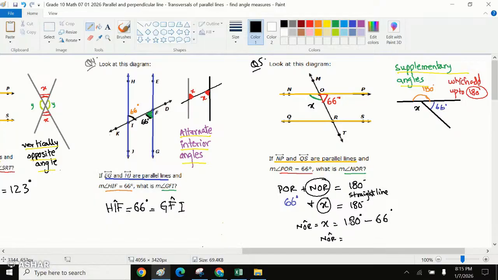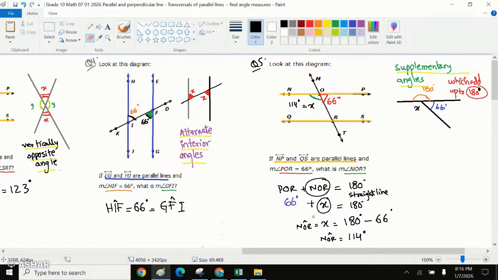The easiest way is 180 minus 60 is 120, and 120 minus 6 is 114. So this angle comes out to be 114 degrees, which are supplementary angles because the sum of the two angles is 180. Do we agree? Can we move ahead, or any queries up till now?